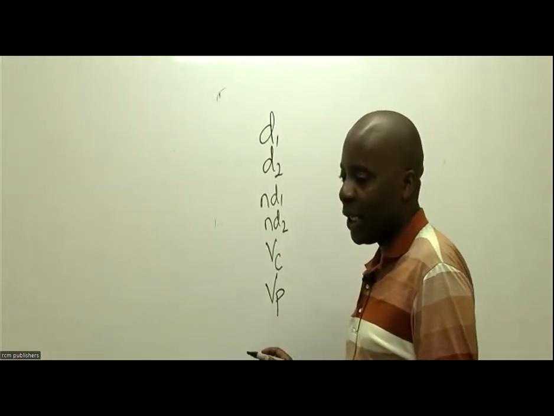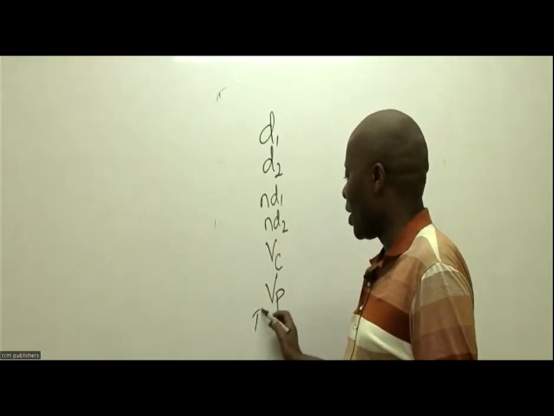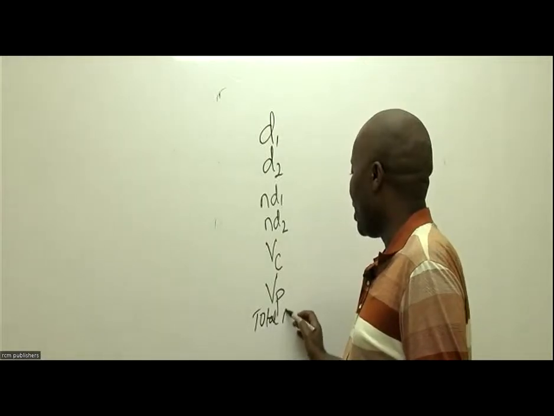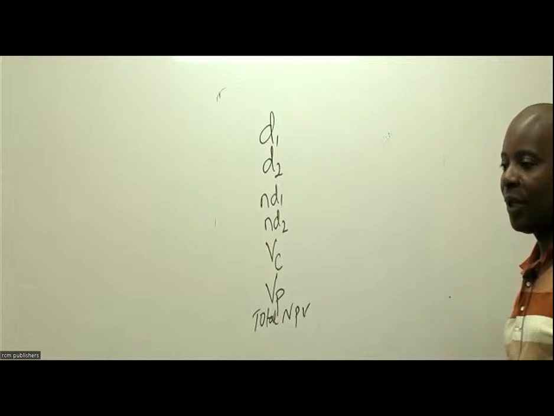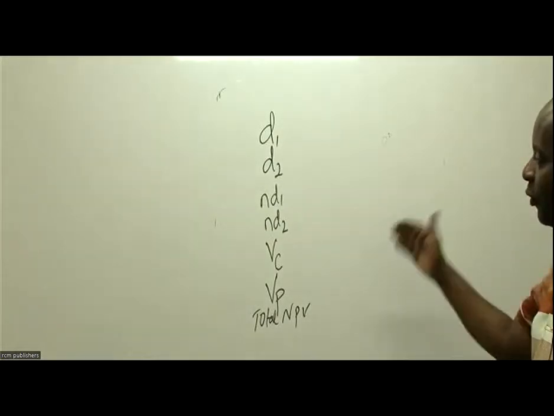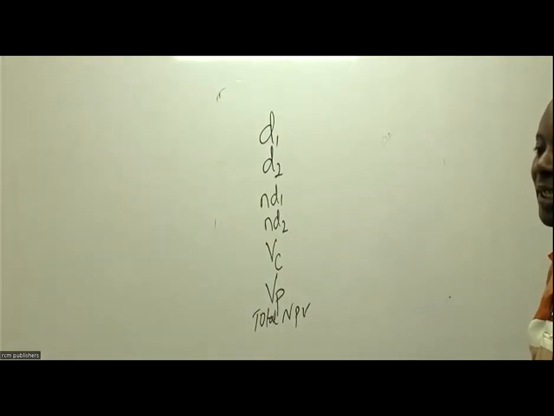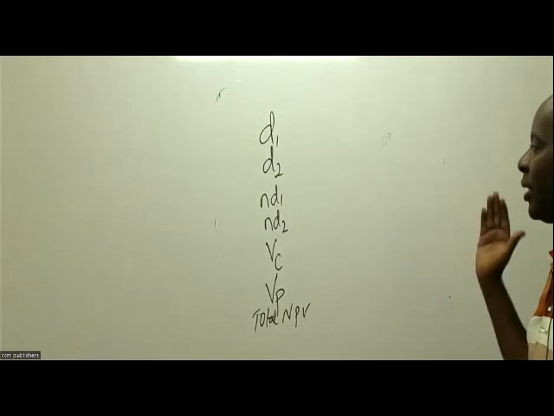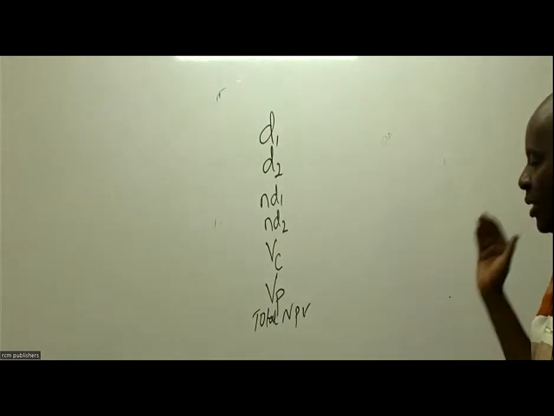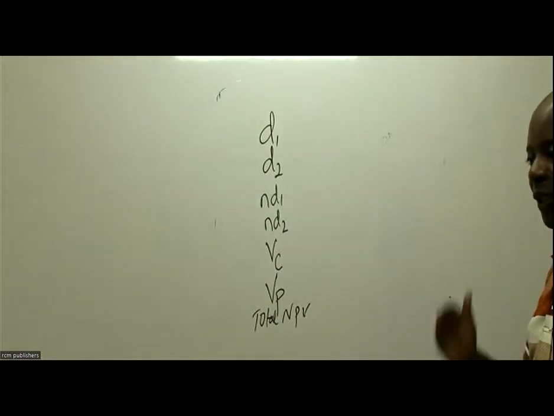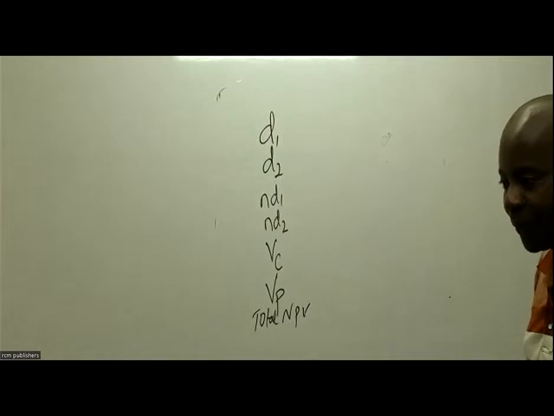And then because it's a real option, give us the total net present value. Those are the steps you will have to follow. Quite lengthy, but they are easy marks.